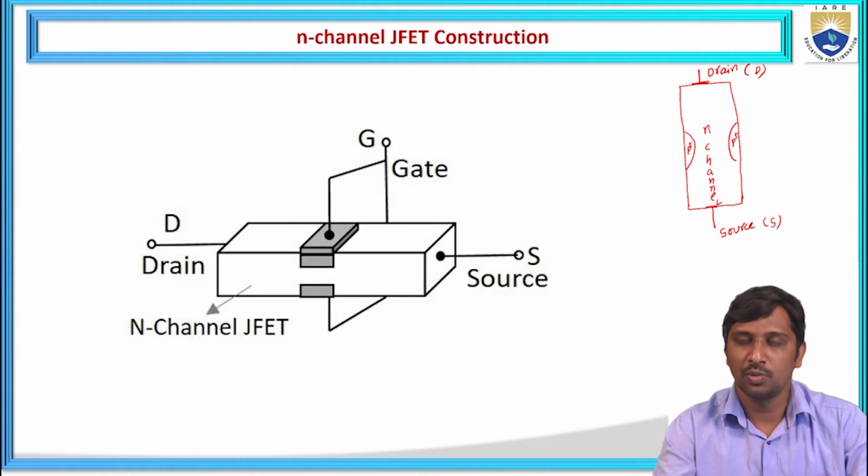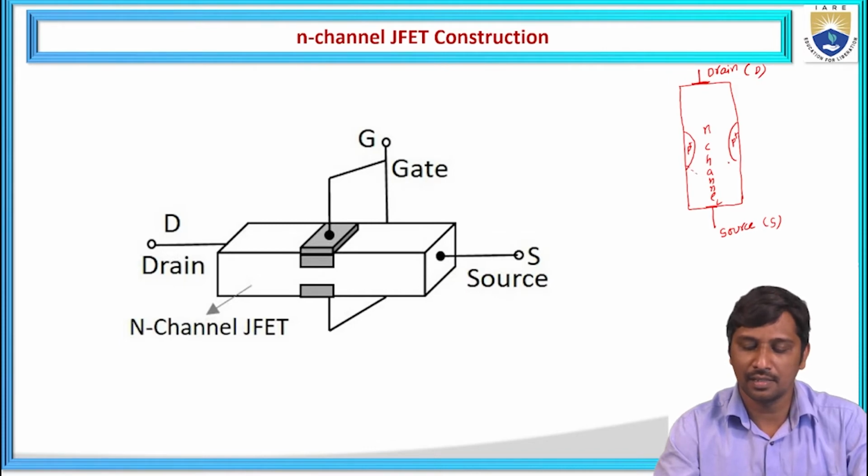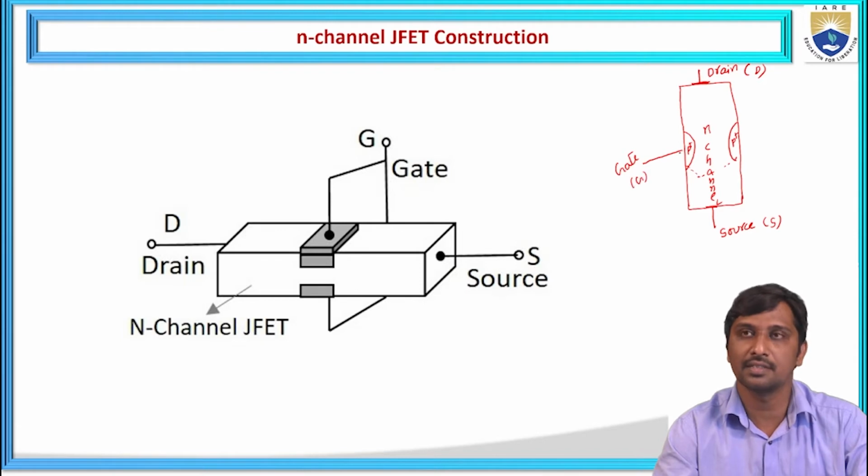So two ends are represented with electrodes, one drain and another source. The opposite two sides are doped with heavily doped opposite material compared with the channel. Here we consider the N channel, hence the opposite doping material is P plus, and internally these two are shorted, and externally they are connected to one electrode. That electrode is called the gate, represented as G.